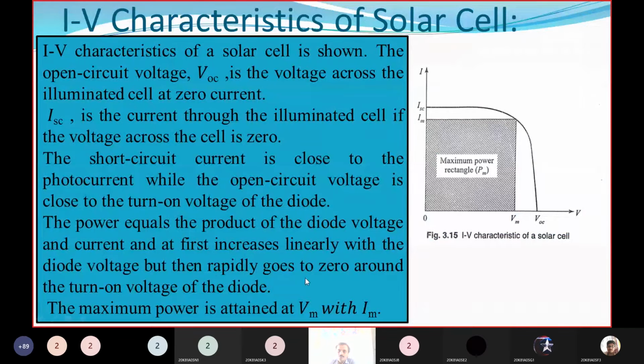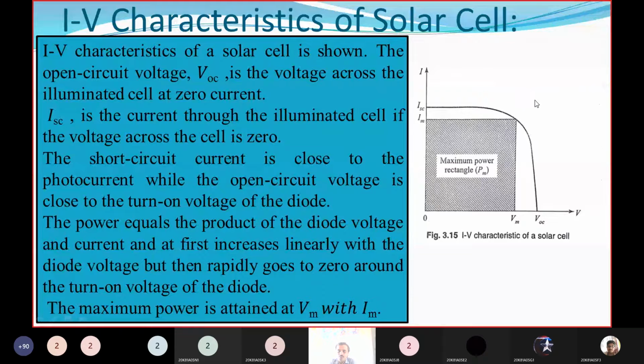Now, by using different resistors we can vary the voltage. By varying the voltage, the current through the circuit will change. If you draw the graph between voltage versus current, it will look like that. At a particular point, the power will be maximum.